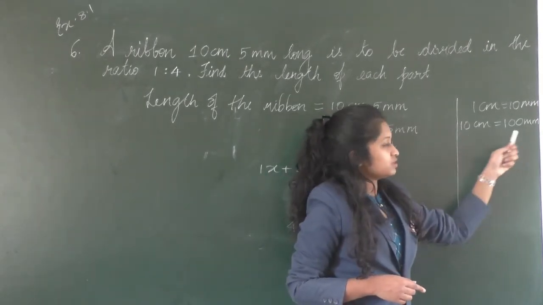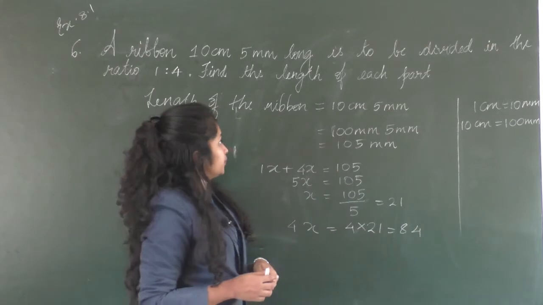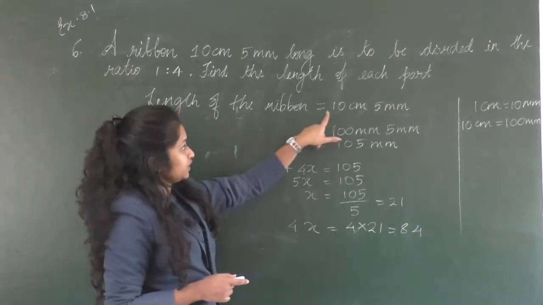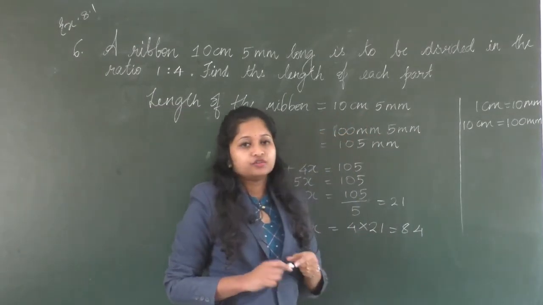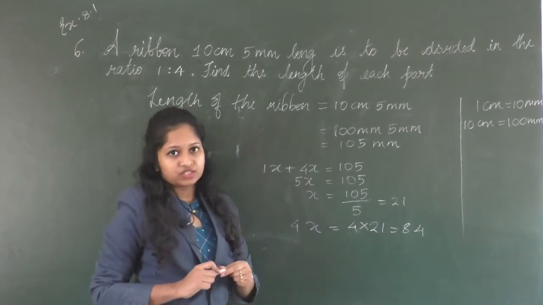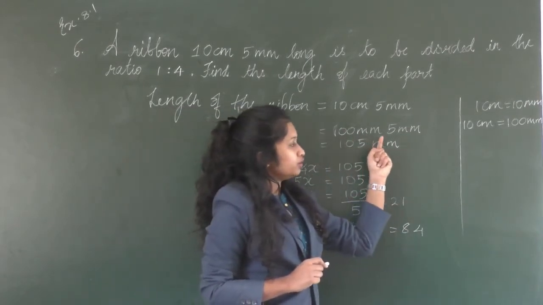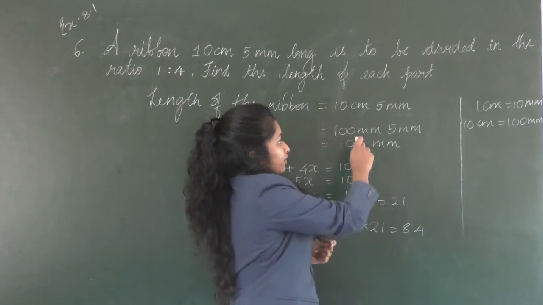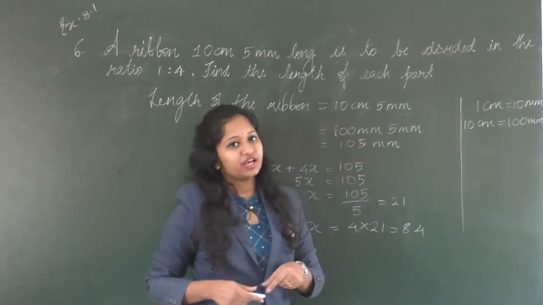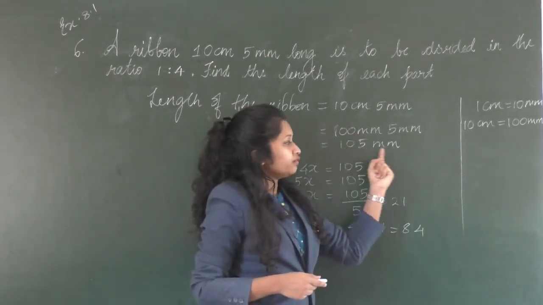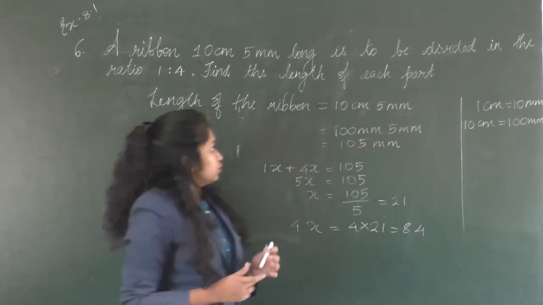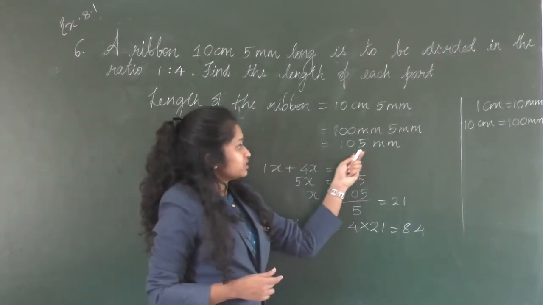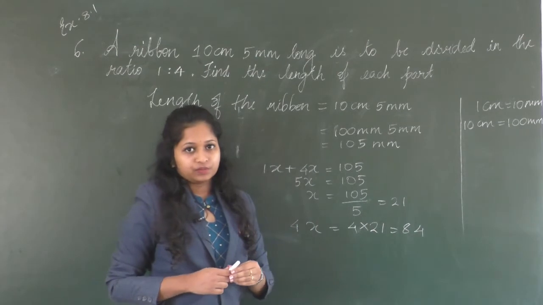So, 10 centimeter is 100 millimeter. Now, in the place of 10 centimeter, we can write 100 millimeter. Now, 100 millimeter plus 5 millimeter is 105 millimeter. So, the total length of the ribbon is 105 millimeter.